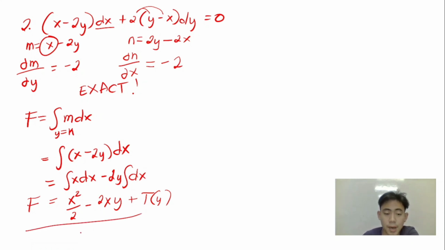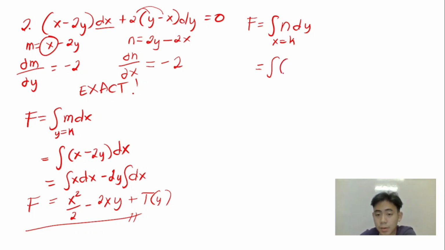Again, will be the first f natin. So, find the another f. Ang another f natin is equals to the integral of n dy that x should be a constant. Ano nga bang n natin? Ang n natin is 2y minus 2x. So, the integral of 2y minus 2x dy.